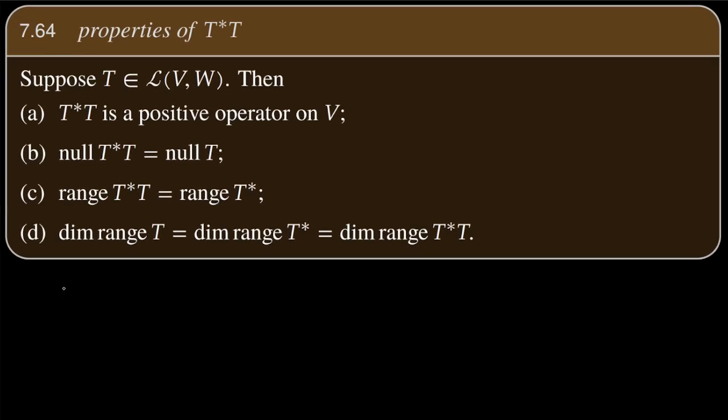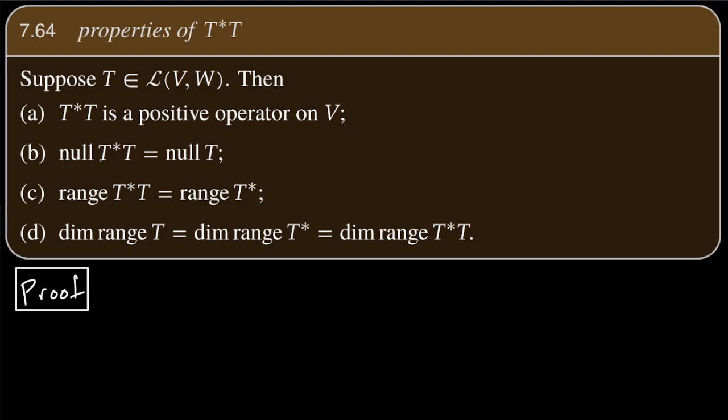Okay, so here is what we'll prove. This little laundry list of facts. None of them are too bad, but we'll need them to say the things we want to say. So we'll suppose that T is a linear map from V to W, where V and W are inner product spaces. Then we will take T*T to be a positive operator on V. We'll show that that's true.